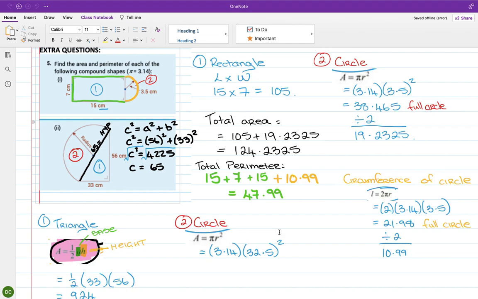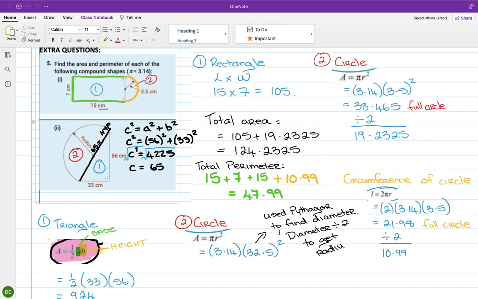Okay? So that's where that came from. That is quite tricky. So we used Pythagoras to find the diameter, and then we did diameter divided by 2 to get the radius.